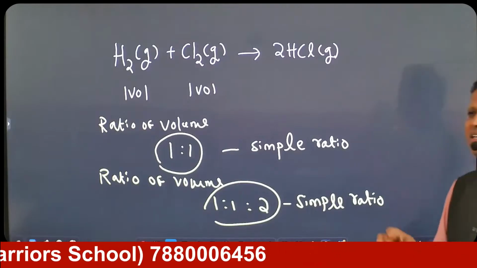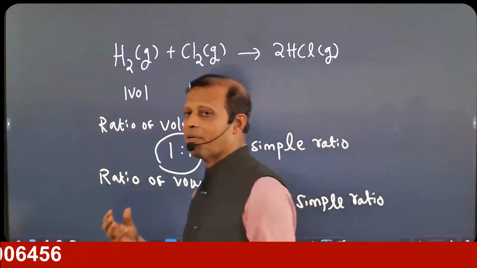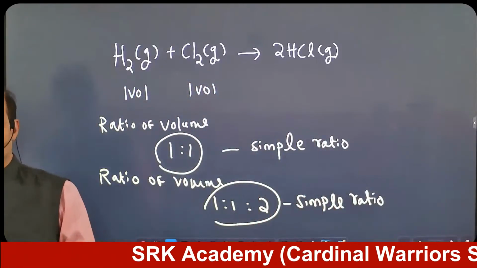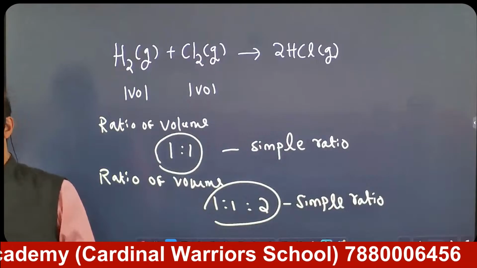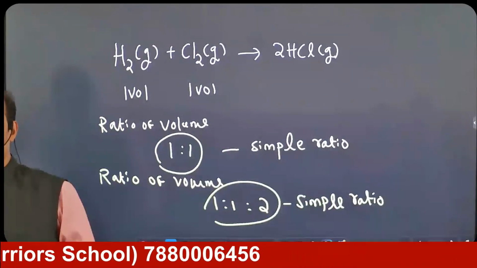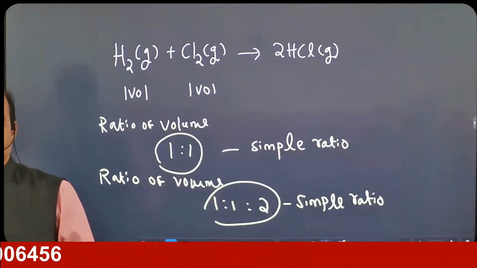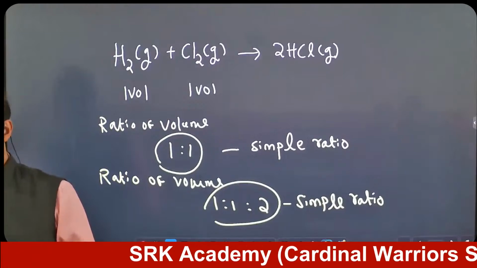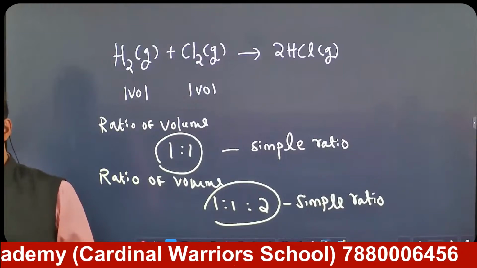And also with the what? The volume of the product, if the products are in the gaseous state. There is only one product we are getting, and that is in the gaseous state. Now you have to take the product into account. Now the ratio of the volume of the reactants and the product is 1 is to 1 is to 2. Again, it's a very simple ratio, not a complex one.